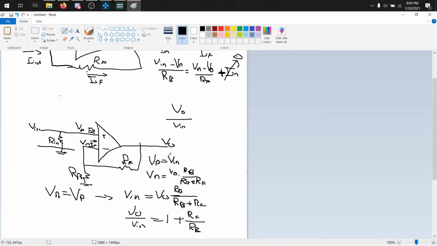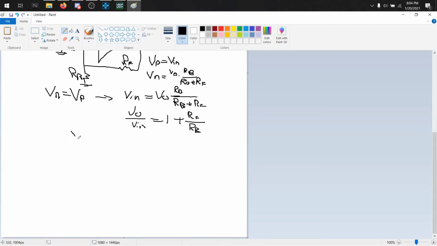So then we have Vn is the same thing as a voltage divider. If we have Vout right here, going down from here, another resistor, and goes to ground. Here's Vn, here's RF, and here's RB.